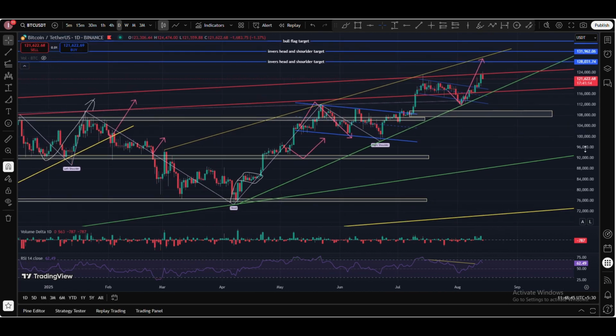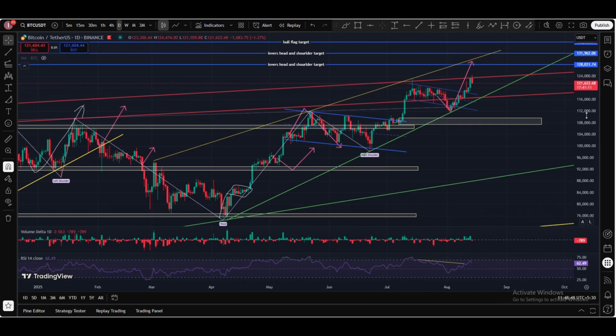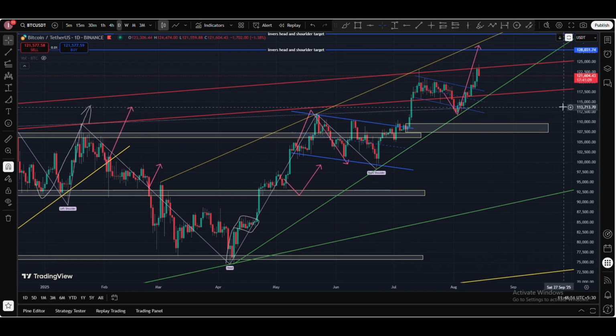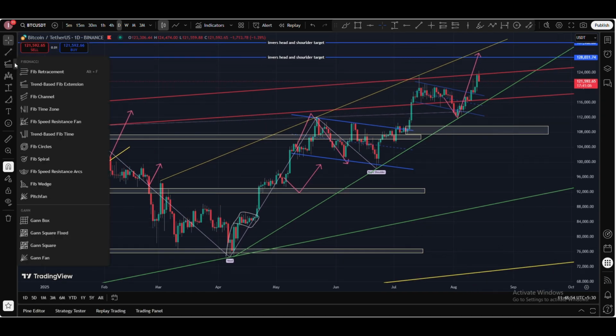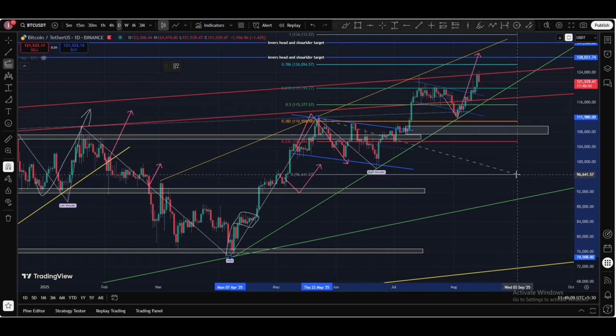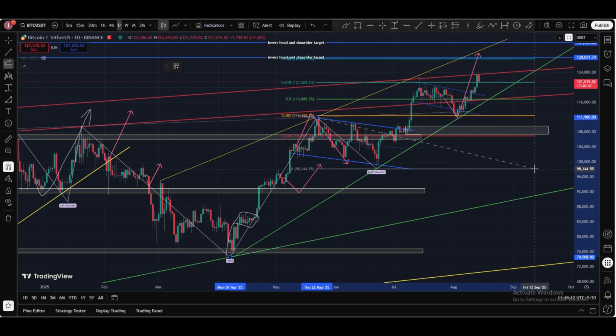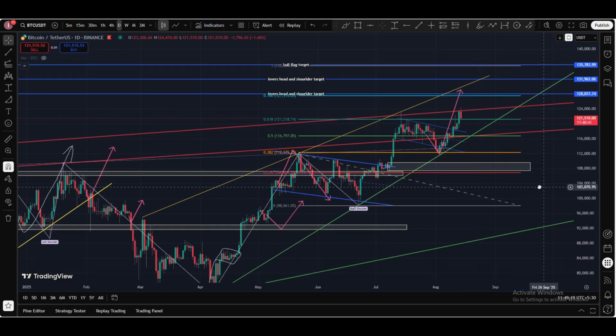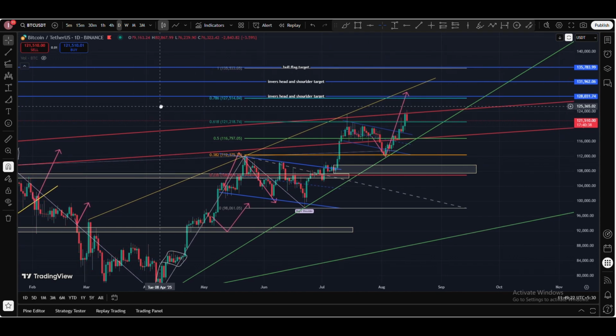We can use the Fib trend-based Fib extension, drag it down in this area, and you can see the market is coming to our target levels.